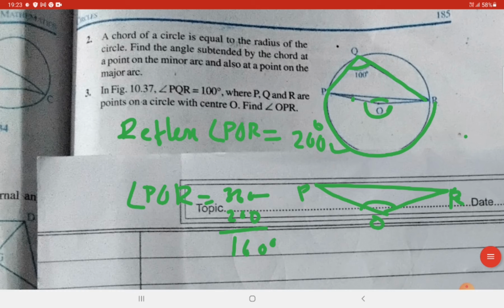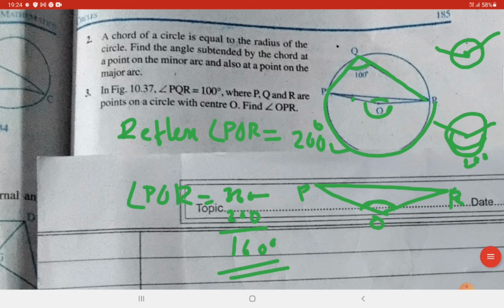See, O is a point. At O, two angles are formed: this angle 200 degree and this, and the total we know is 360 degree. The angle around a point is 360 degree total. So 360 minus this reflex angle, that is 360 minus 200, that is 160 degree. So this angle is 160 degree.